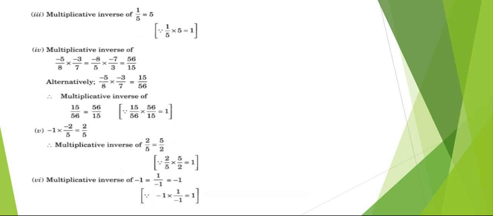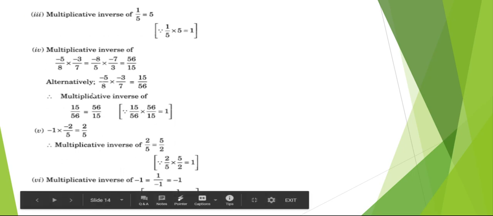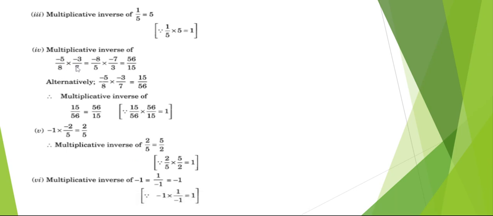Now we come to the fourth part. Fourth part, if you see, is minus 5 by 8 multiplied by minus 3 by 7. So what you'll do is you can either multiply them and then find the multiplicative inverse, or you could find the multiplicative inverse of each one of them and then you can multiply.